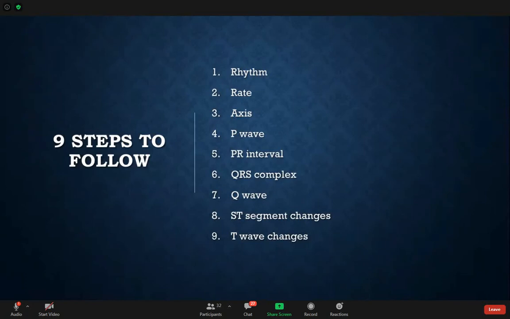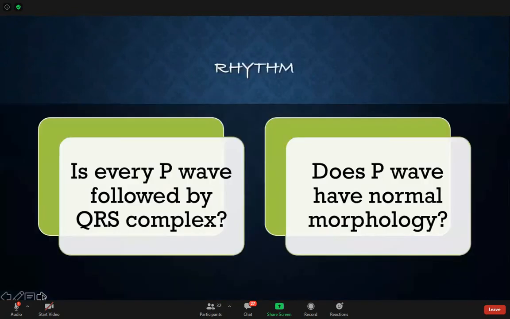Then you're going to look at the PQRS complex: the P wave, the PR interval, the QRS complex. Then segment changes, and T wave changes. If you go through this in a systematic way, every ECG you see from after this lecture onward, you're going to be a master of the ECG. So it is very important to go systematic.